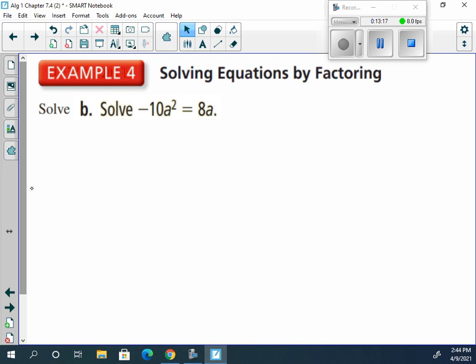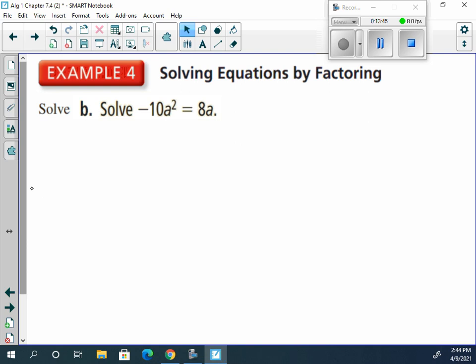Well, no, we don't have a constant term. We don't just have plus 4, right? So if I plug 0 into every variable, everything is going to 0 out, yes? So if there's no constant terms in this, most likely 0 is going to be a solution. And it is for this one here.